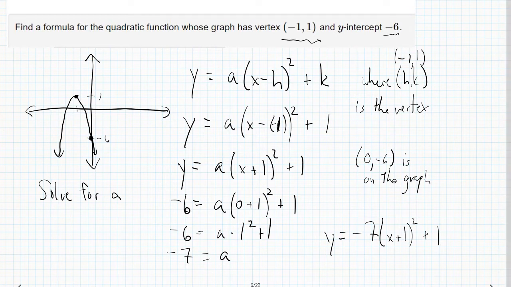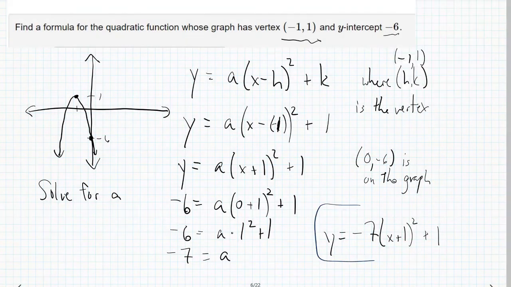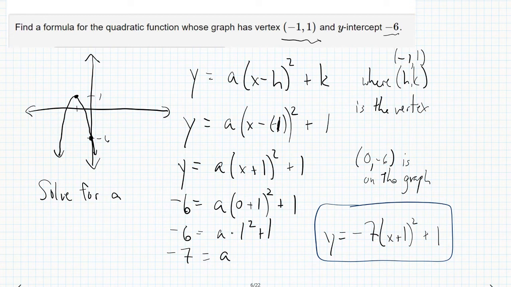Now if you wanted to do it a different way, so that's one method. So say you have a solution that wants it in the ax squared plus bx plus c form, right? So if that's the case, then we have to take -7 and multiply by, well, what is x plus 1, the quantity squared? That's x squared plus 2x plus 1, and then plus 1.